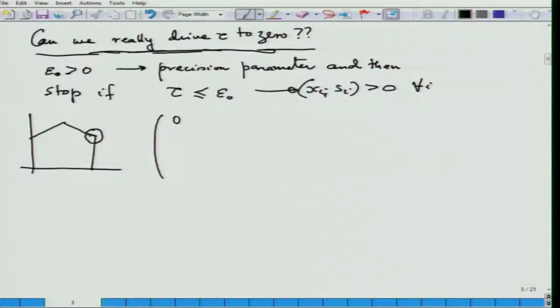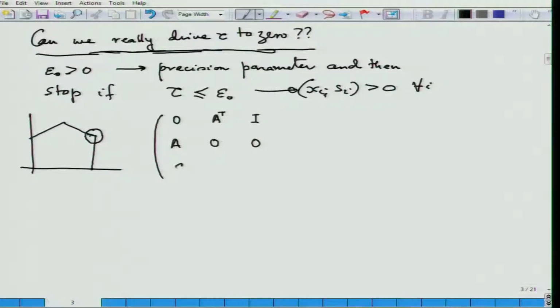So, we are trying to solve the inexact KKT condition, but we know that it is not possible to have xi, si equal to mu every time for every i.